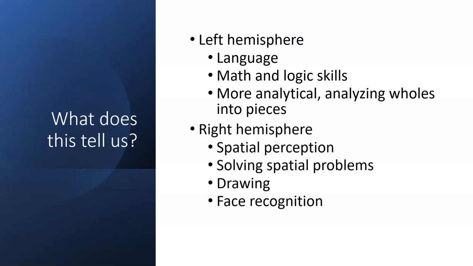On the right hemisphere, you have a lot of the responsibility for spatial perception, so being able to recognize shapes and spatial relationships. One very common spatial skills task that we have to engage in is mentally rotating shapes.